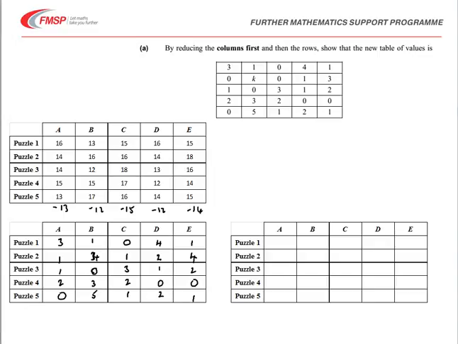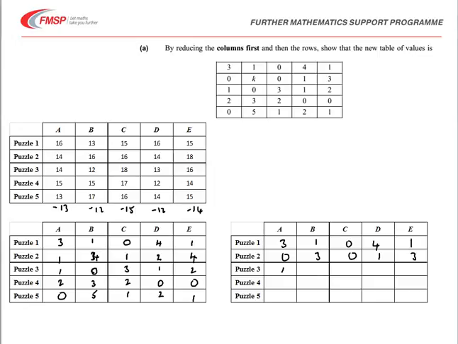Following that, we can do row reduction. This time subtracting rows, but you'll see that actually the rows have got zeros in them apart from row 2. So if we just transfer across, the first row will stay the same, 3, 1, 0, 4, 1. Row 2 we can subtract 1 from, so that becomes 0, 3, 0, 1, 3.